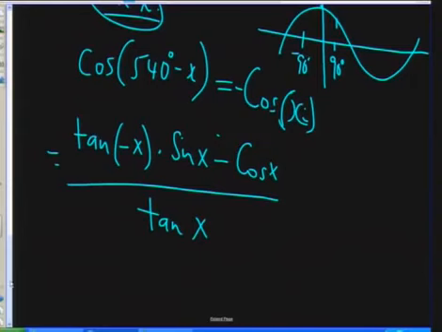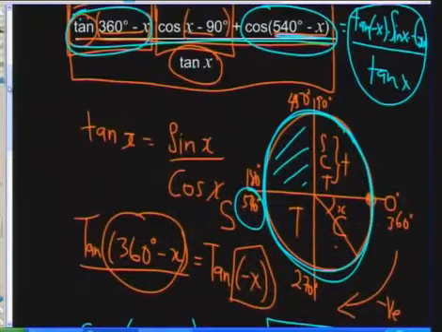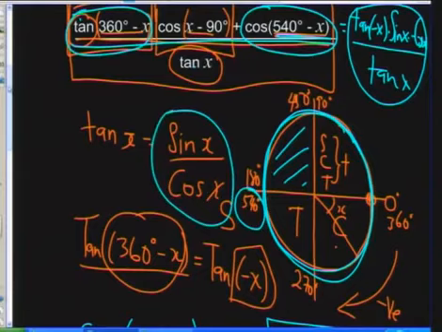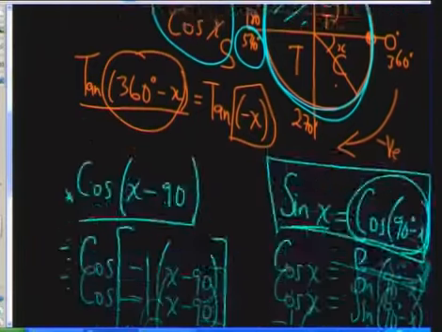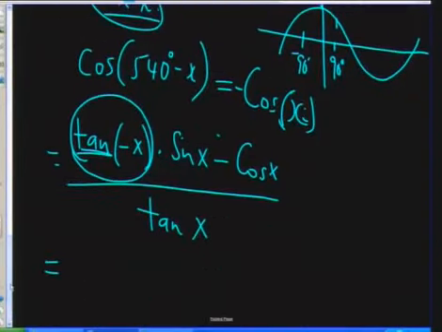That's what we have right now. Next step is to actually now simplify tan. Because remember, tan can be written as sine x over cos x. Now, let's do that.